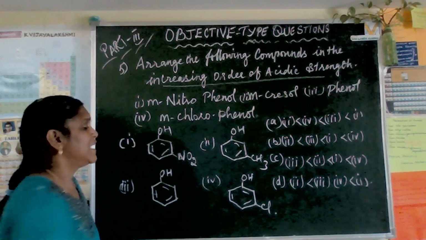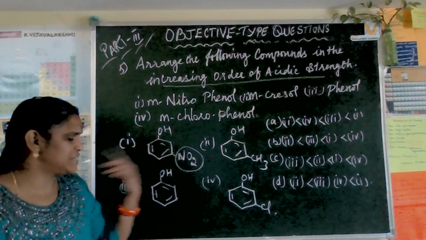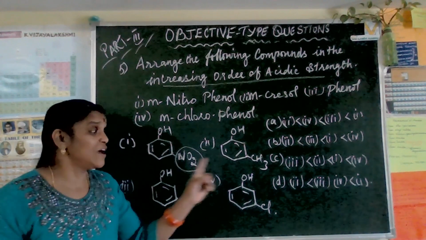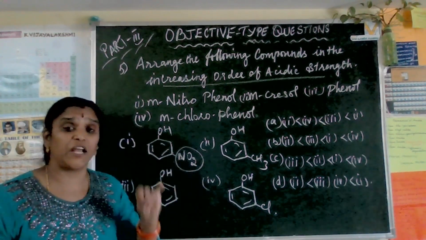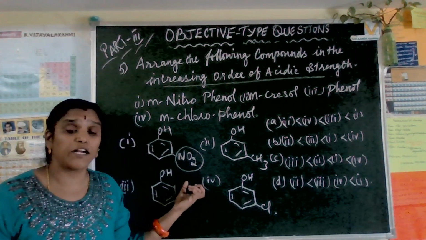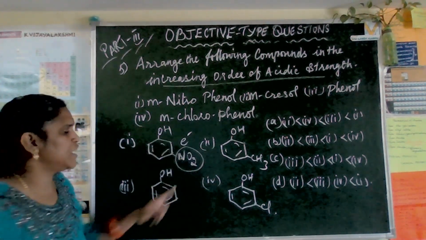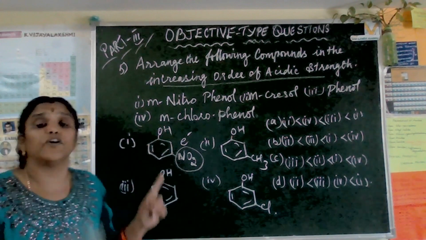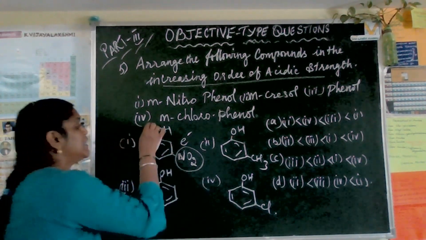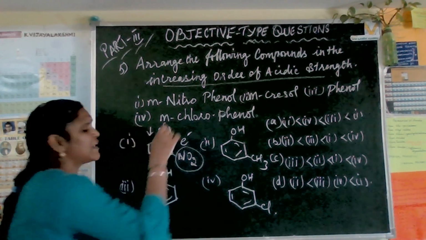Okay, in this, which is the most acidic? First and foremost, the nitro group is present. Our eyes will fall on the nitro group only, because it is an electron withdrawing group. So naturally the electron density will be decreasing, and you can easily remove the proton.